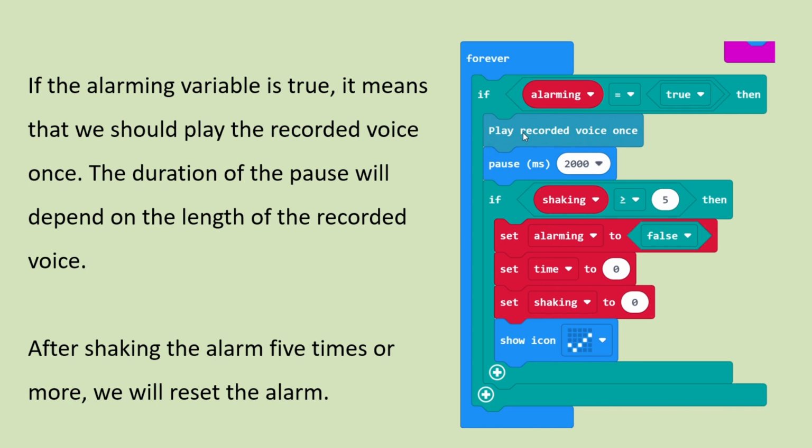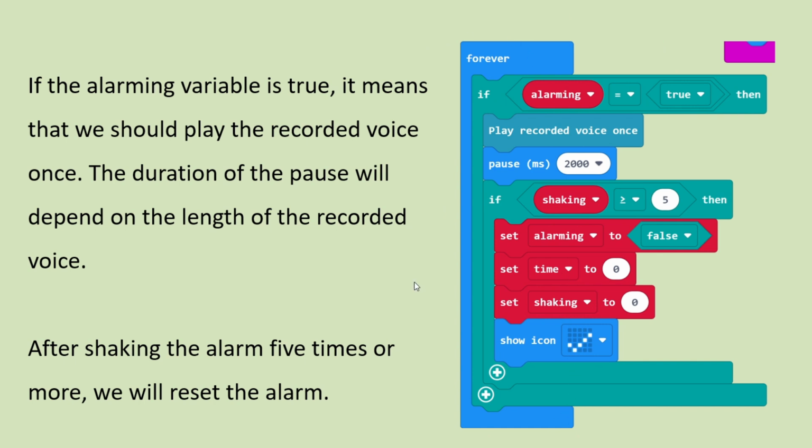And after playing the recorded voice, we will then check whether the number of shaking is higher than or equals to 5. If this is smaller than 5, this part is not done, and then this loop will be done again. And if the alarming is true, the voice will be played once again until shaking is 5 or more. Then we will set the alarming to be false. In this way, the alarming will become false to disable this part of loop.